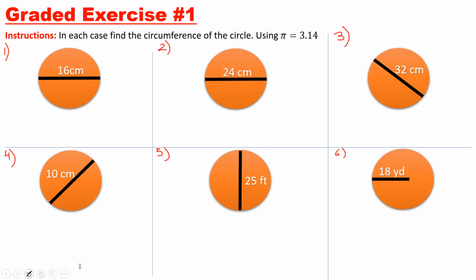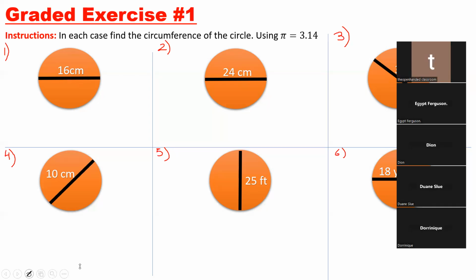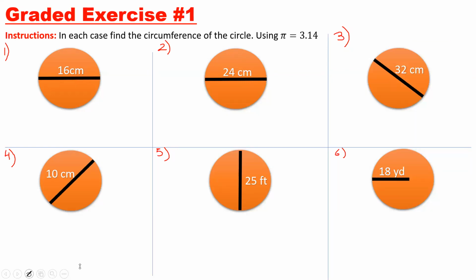Erwin, what number are you on? Can't hear from Erwin. Shion, what number are you on? Number 5. All right.